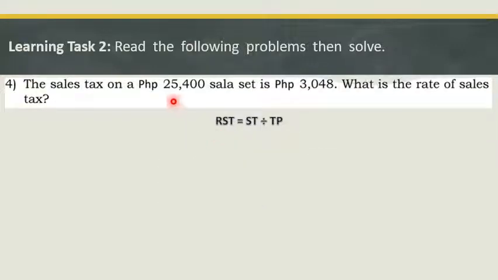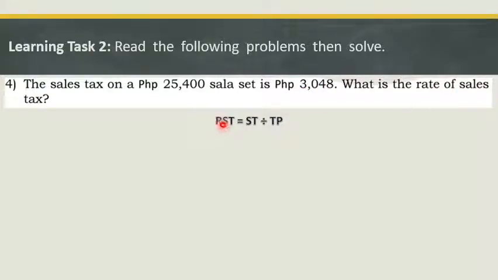Then for number 4, the sales tax on a 25,400 pesos sala set is 3,048 pesos. So, ito yung sales tax. Ito yung madadagdag doon sa sala set na 25,400. So, what is the rate of sales tax? So, ilang percent yun? Itong 3,048 na to.